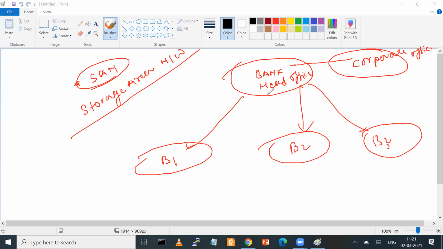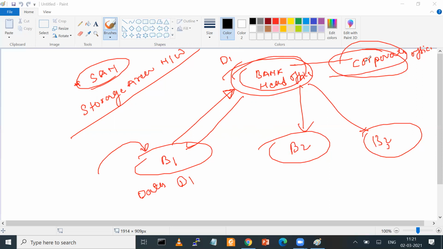So let's say I'm running my storage area network. Whatever data I save here in branch office 1, it gets saved on my head office as well. Let's say I've saved one data, which is D1. The copy of D1 gets saved here on the head office as well as the corporate office. So the advantage is that if I lose my data from the branch office, I can recover from two locations.